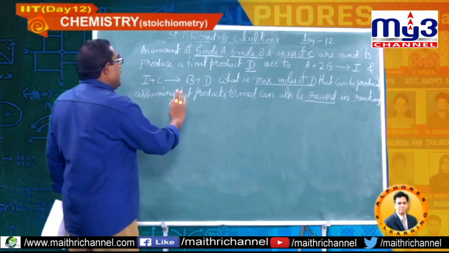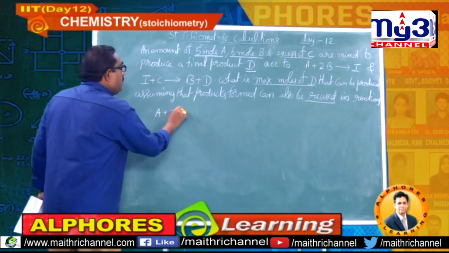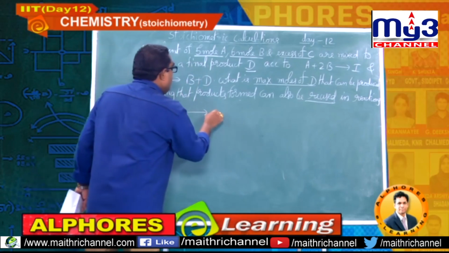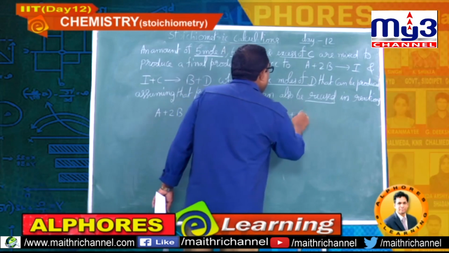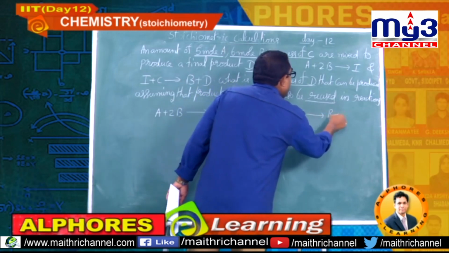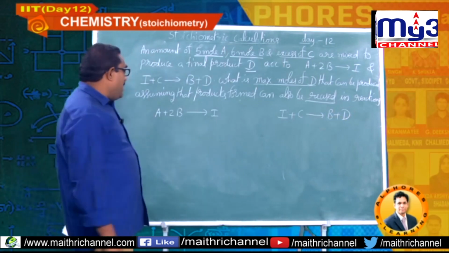Let me write down the reactions first of all separately. A plus 2B gives rise to I, and I plus C gives rise to B plus D. Concentrate, students, very important modalities.